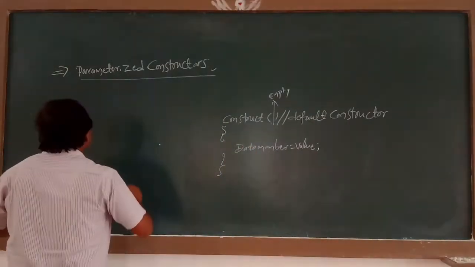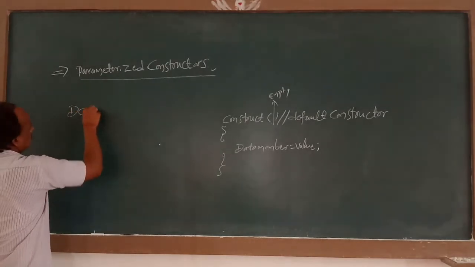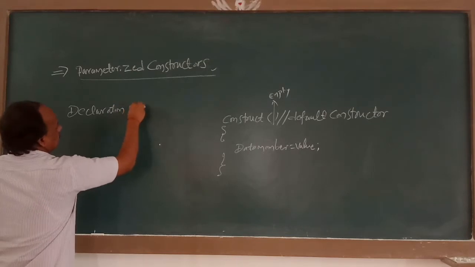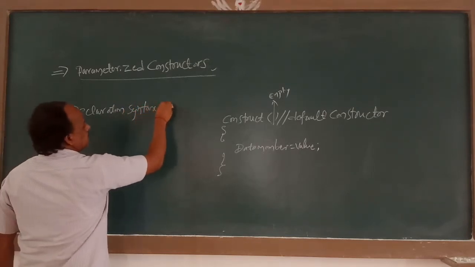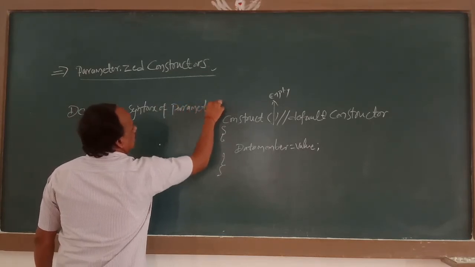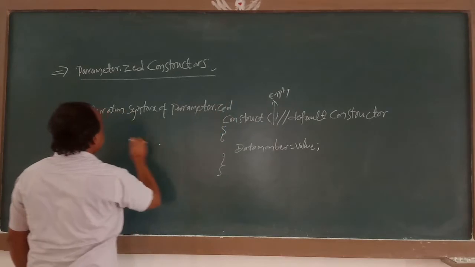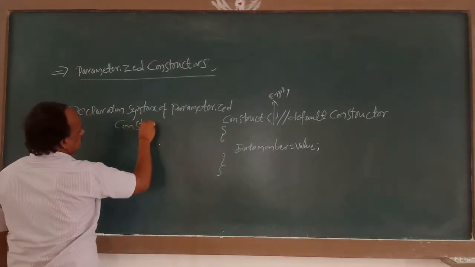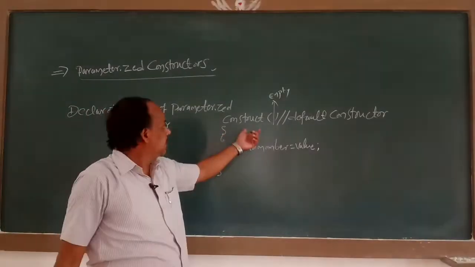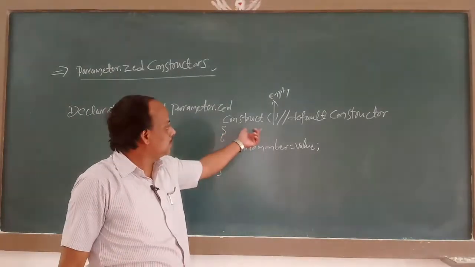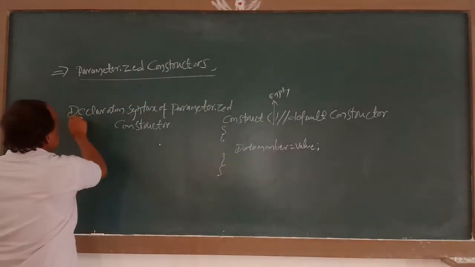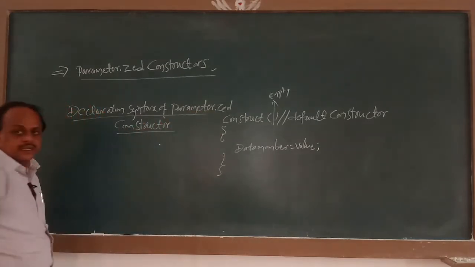See here, the declaration or syntax of a parameterized constructor. This is the declaration or syntax of the default constructor. Now see the declaration or syntax of the parameterized constructor.